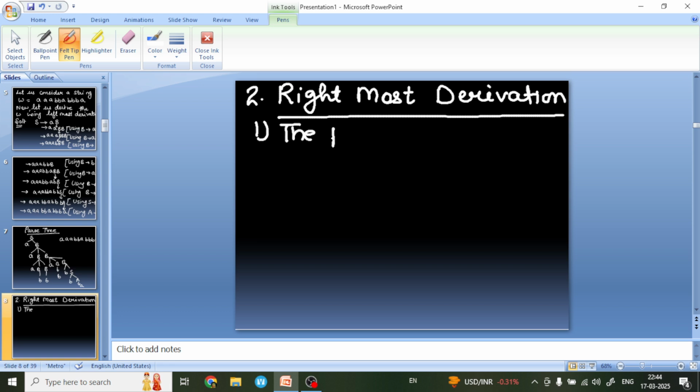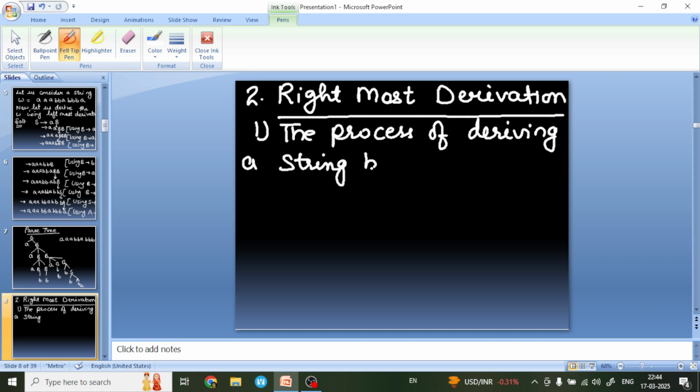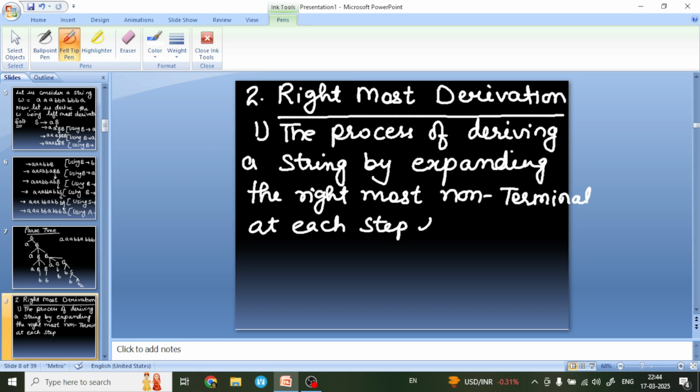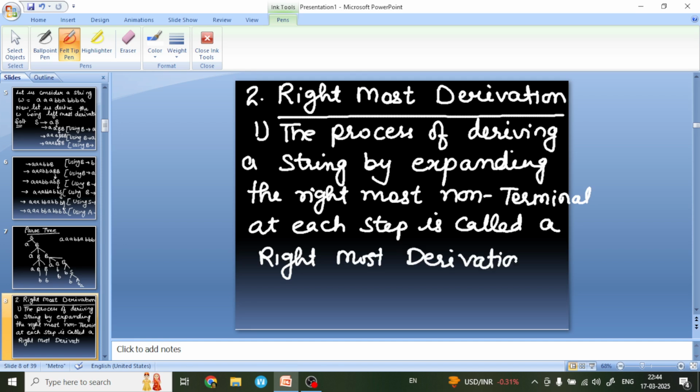The process of deriving a string by expanding the rightmost non-terminal at each step is called a rightmost derivation, and the geometrical form is called a parse tree, the rightmost derivation tree.